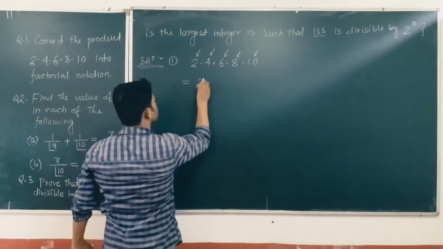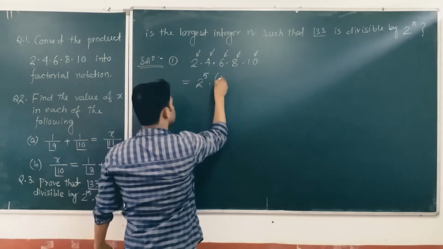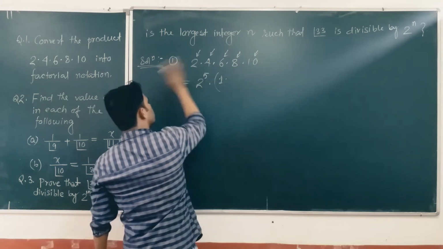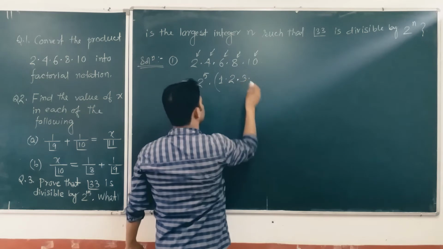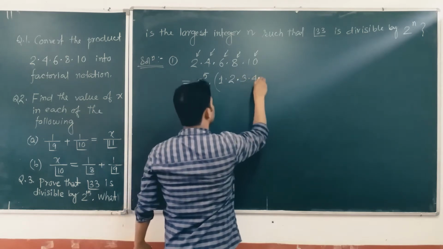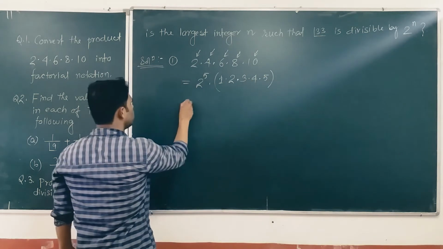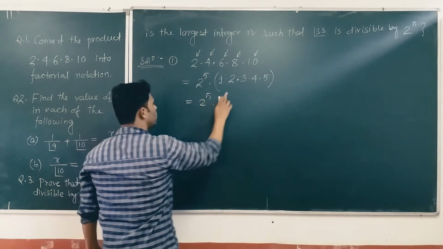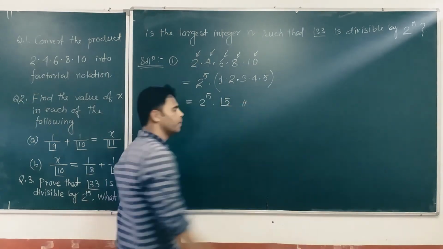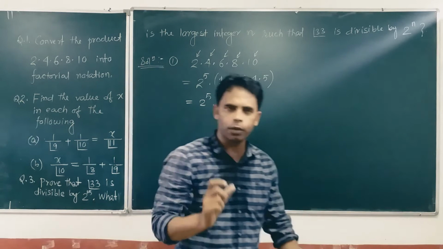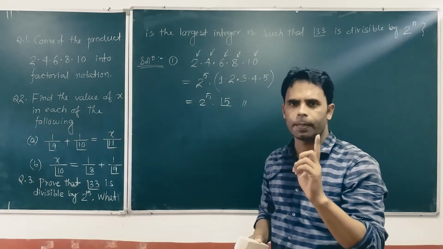Therefore you can write this as 2 to the power 5 into, with one 2 taken away from each, the other factors will be 1, 2, 3, 4 and 5. So it is equal to 2 to the power 5 into, and this is obviously, factorial of 5. That completes the solution.